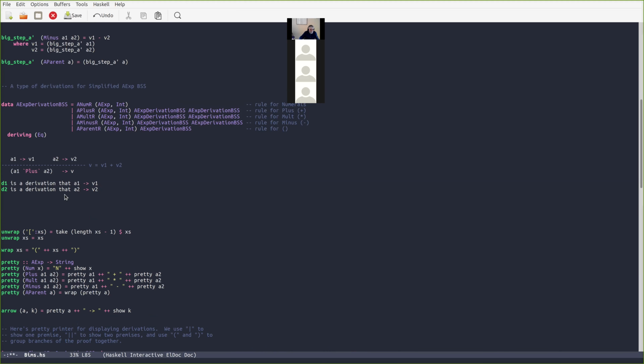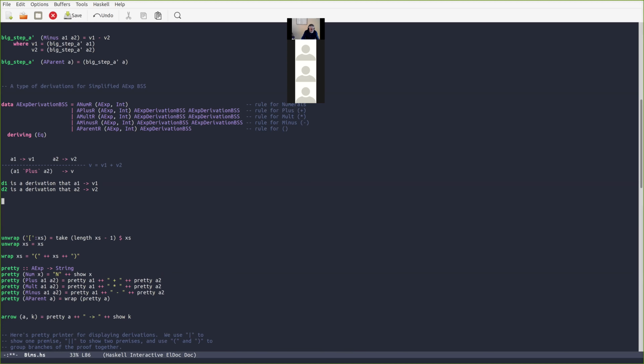You can build these by using the proof function to look at them, but doing one by hand maybe helps. The proof looks like A plus R, meaning it's the rule for arithmetic plus. The A expression that you have is this one.